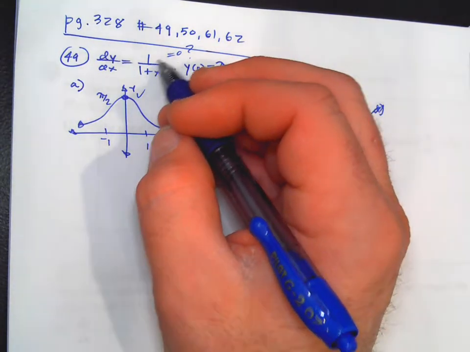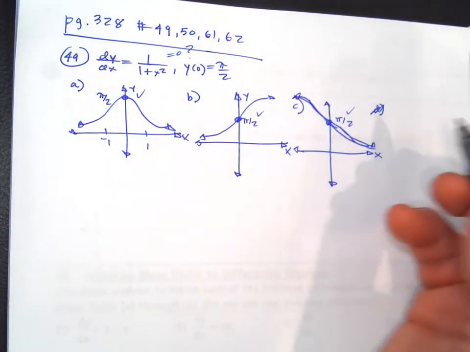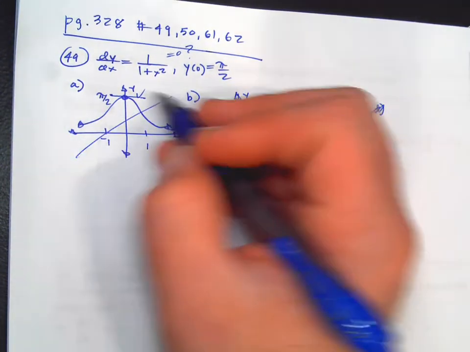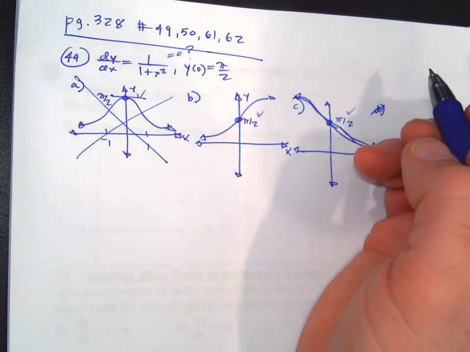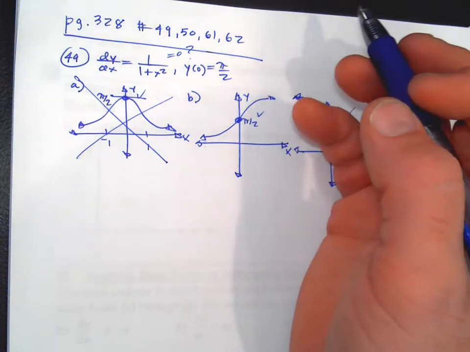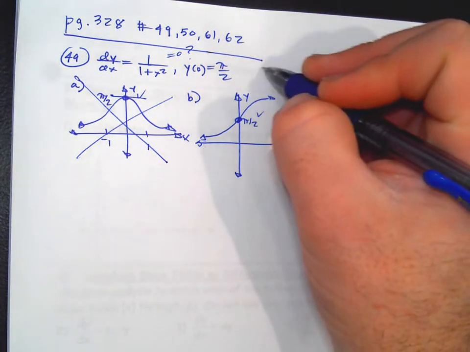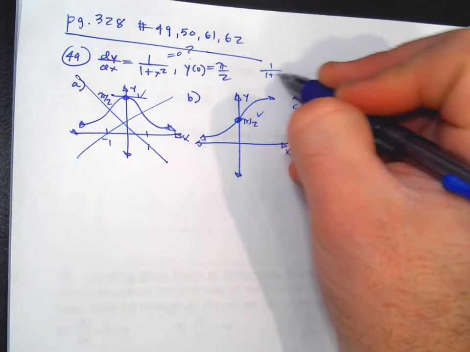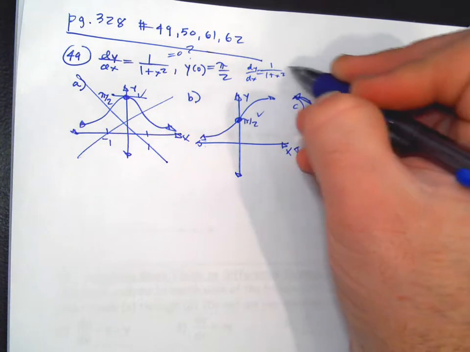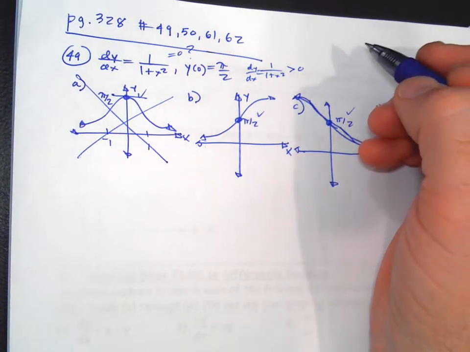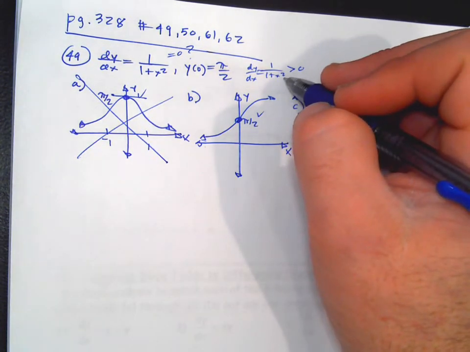Zero slopes. Is this slope ever zero? No. So since this one has a zero slope, I would throw it out just for that. How about undefined? Nope. Okay, that doesn't help. How about positive and negative slopes? When is this slope positive, greater than zero? I mean, all x's, right? Every x.